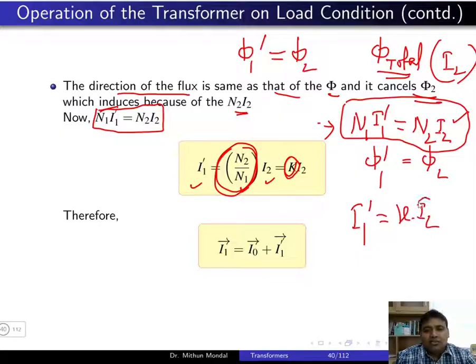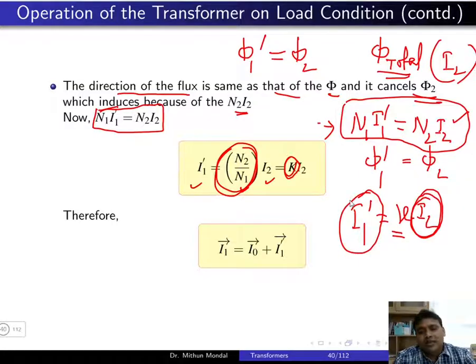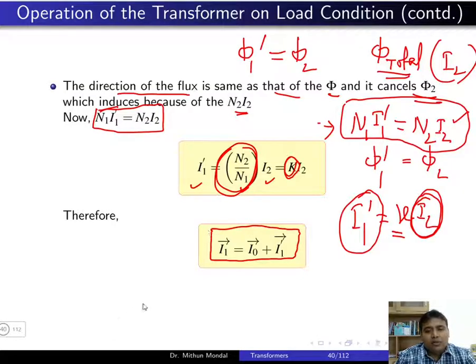So the current which is drawn by the load I2 is cancelled with the help of the transformation ratio K, and an additional current I1 dash is drawn from the primary of the transformer. So basically in vector form, I1, which is the total primary current drawn from the primary of the transformer, is equal to the no load component of the current plus the load component.